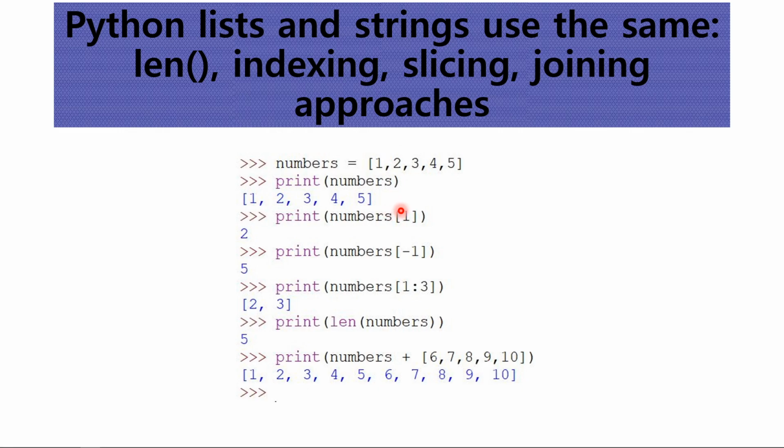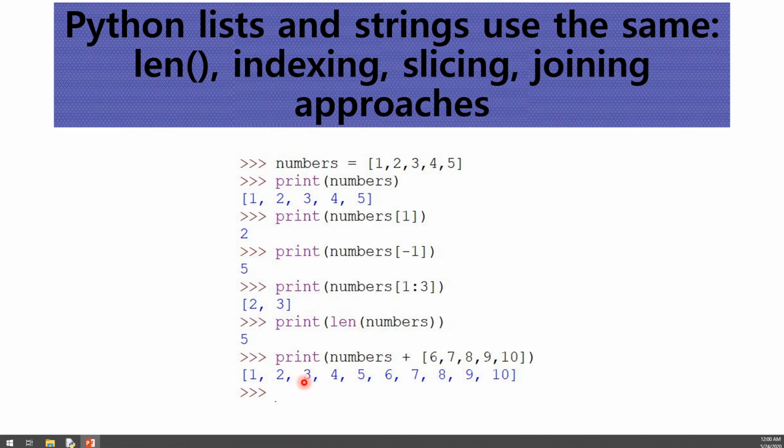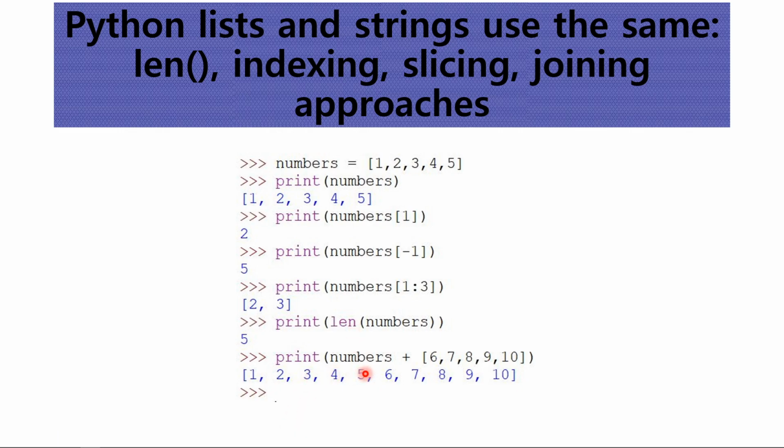So if I say give me something at position 1, it will give me 2. If I say give me something at position -1, it will count from the back and give me the first one. The same, I can slice a portion, and I can also get the length of my list. And as we do string concatenation, we can also add two lists together like this, and it will basically place one list at the end of the other.